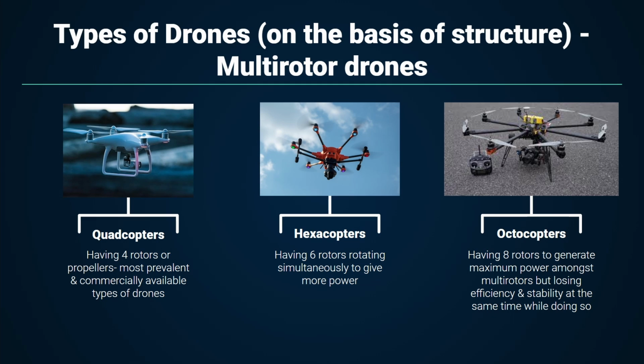Hexacopters, having 6 rotors rotating simultaneously to give more power. Octocopters, having 8 rotors to generate maximum power amongst multi-rotors but losing efficiency and stability at the same time while doing so.